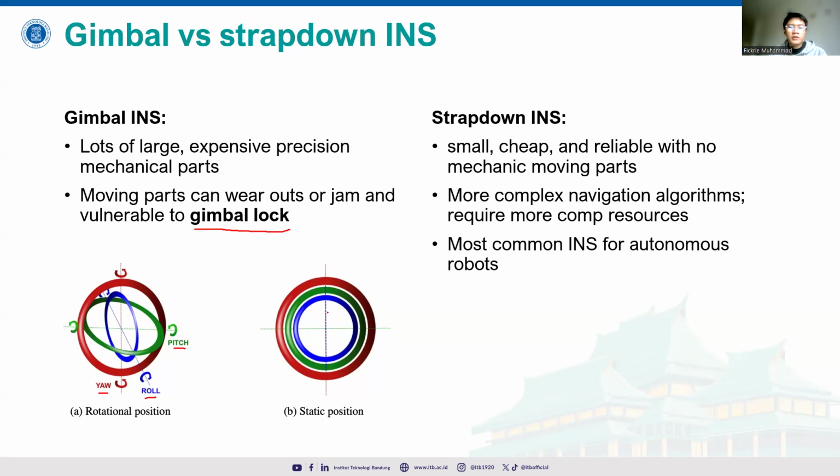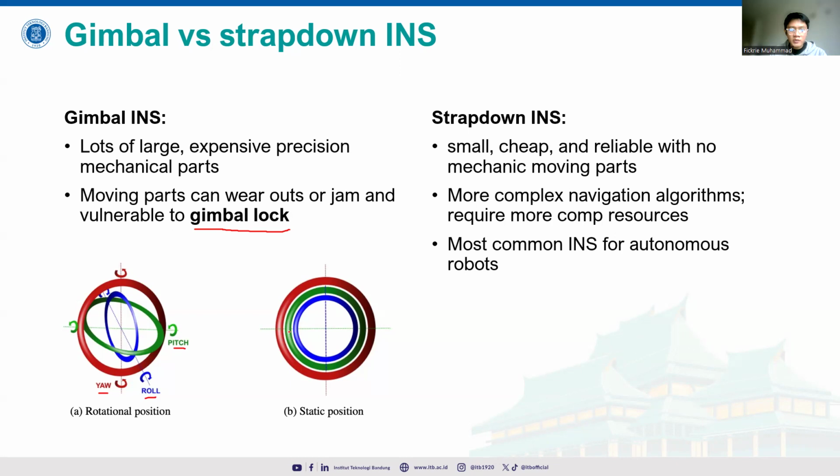For example, considering a spacecraft with three gimbals representing pitch, roll, and yaw, if the pitch gimbal rotates by 60 or 90 degrees, the yaw and roll axes become aligned.